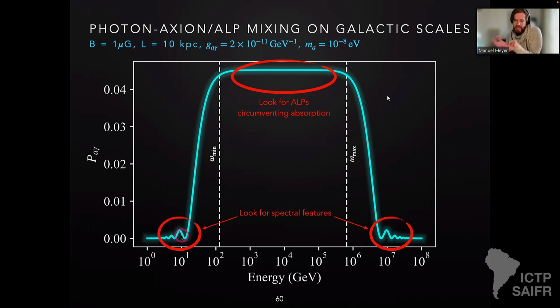And these oscillations in energy would just be imprinted on the spectra of, for example, AGN blazars. We've just seen that we expect these spectra to be very smooth, right? From all the emission processes that we've discussed so far, leptonic, hadronic, they're all very smooth in energy. They don't have these oscillation features. So these are the observables that you can actually look for.